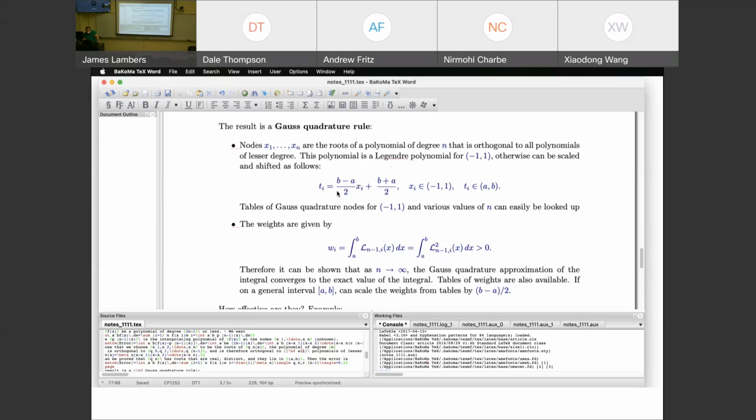All you need to do is take the Gauss quadrature nodes for minus 1 to 1, the roots of a Gaussian polynomial, and scale and shift those nodes from minus 1 to 1 to the interval AB that you're working with. And voila, there's your Gauss quadrature nodes.